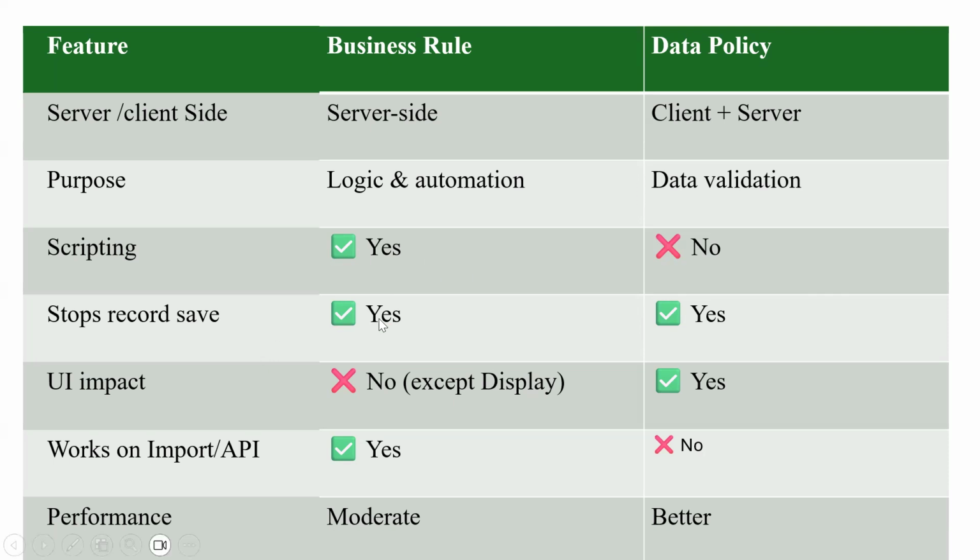To stop a record save in a business rule, we use current.setAbortAction(true), for example, to stop saving if data is invalid. Coming to the data policy, it automatically stops the save if validation fails. Let's say a mandatory field is missing, it blocks the save.